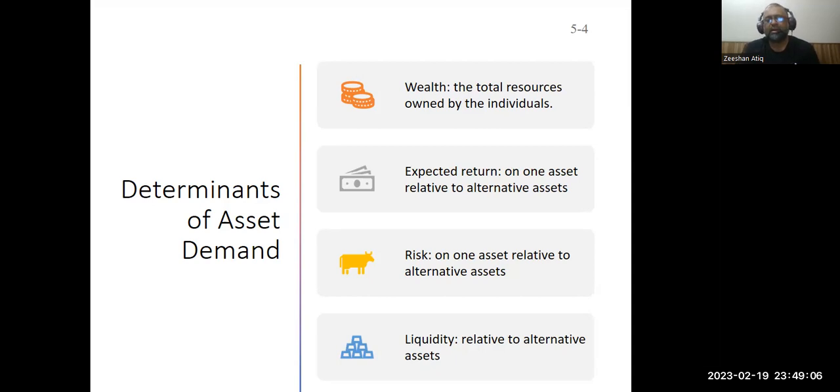And this money can be lost because of fluctuations in the stock market. So an increase in risk makes the asset less attractive for people. So the third factor that you consider for buying an asset or not, or changing the demand for an asset, is the risk.